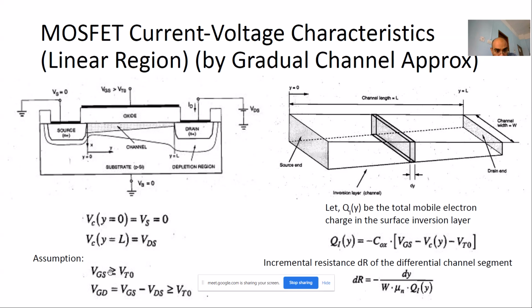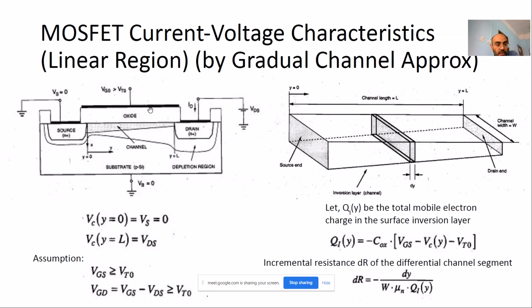Now, we have assumed that your gate to source voltage is greater than the threshold voltage and your gate to drain voltage is also greater than the threshold voltage, because only then is the channel forming. In the example I have taken, the source is at 0 volts, the drain at 1 volt, and the gate terminal at 2 volts.